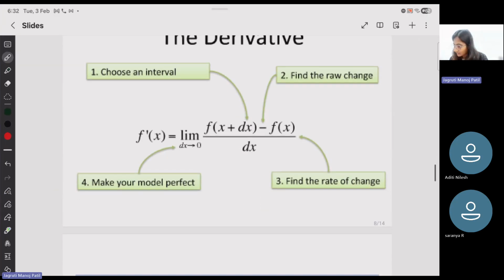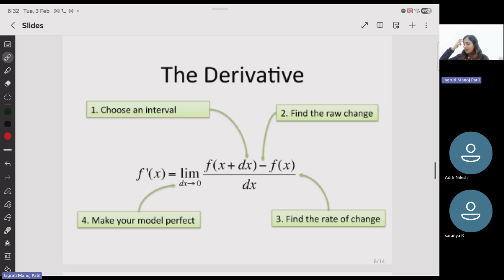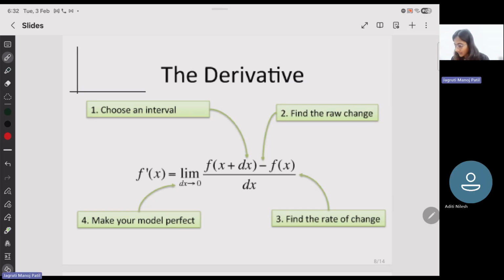So this is derivatives. What is a derivative? For now, what we were trying to do was take a slope, right? And what that slope was: let's say I have a curve like this, and I want to evaluate the slope at this point. So this is my x, this is my y.